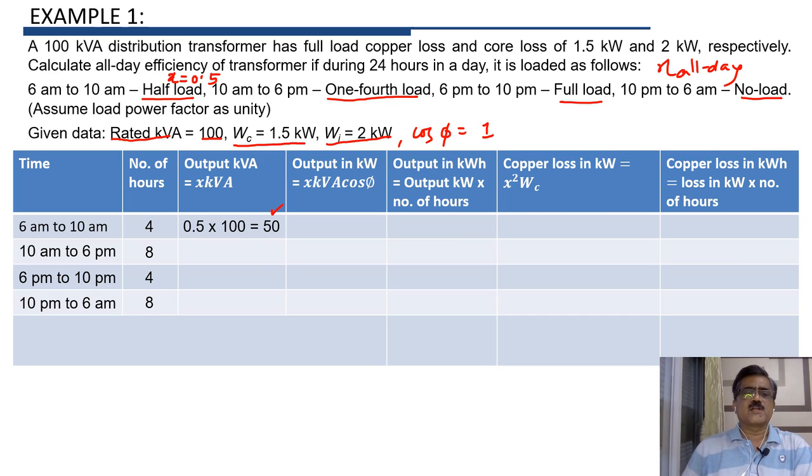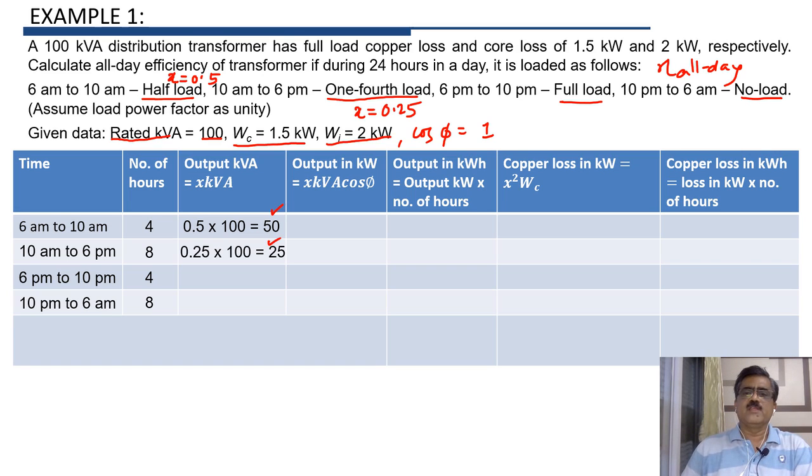Now in the next time slot, there is 1/4 load, so X is 1 by 4, that is 0.25, and output kVA will be 0.25 into 100, which is 25 kVA.